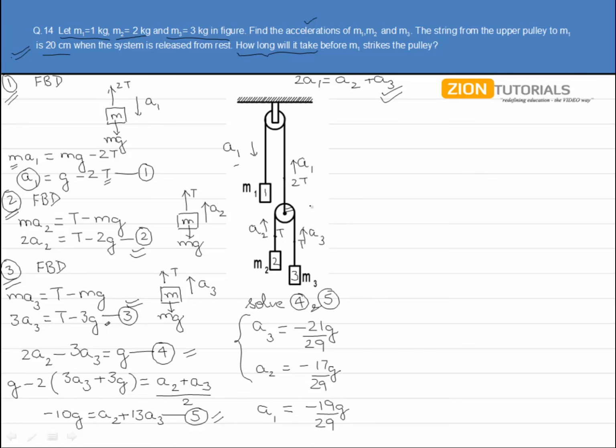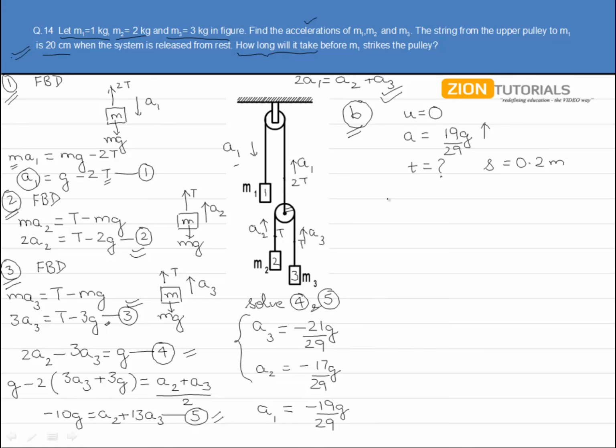Let us now move to the second part of this question. Since the system is released from rest, the initial velocity of block 1 equals 0. We have acceleration 19g over 29 in the upward direction, and we need to find the time when the displacement is 0.2 meters.